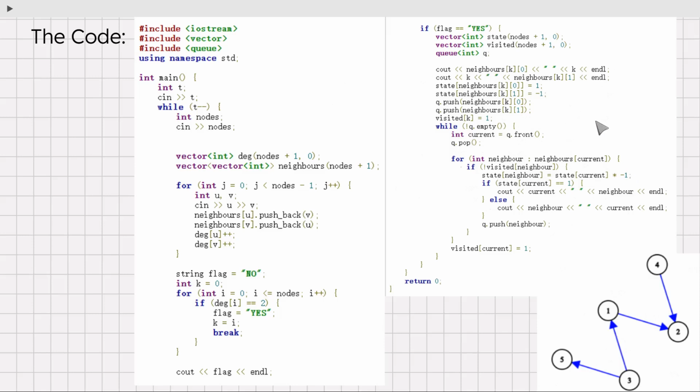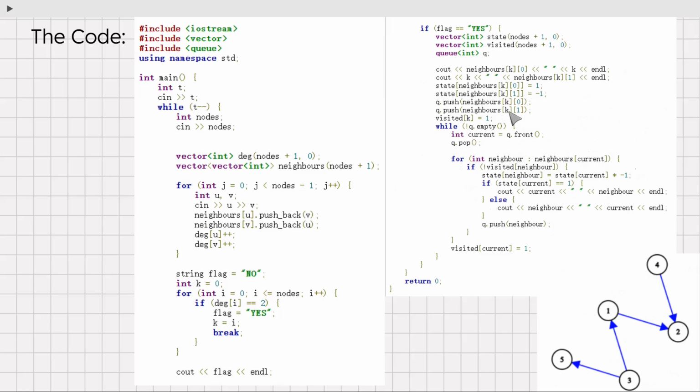If it is not visited, we assign to it a state, which will be the inverse of the state of the current node we're looking at. Let's say I'm currently standing on an outgoing node. Therefore, all the neighbors of this outgoing node, besides the root node, will be incoming nodes. Therefore, we'll apply the inverse to the neighbors.